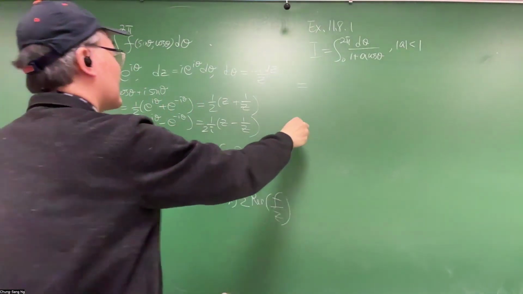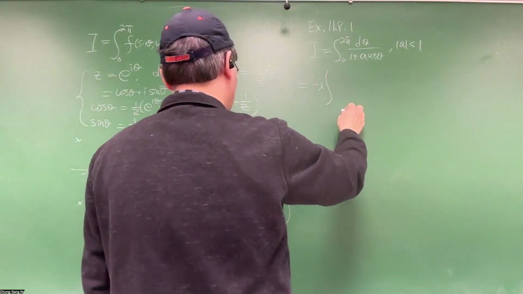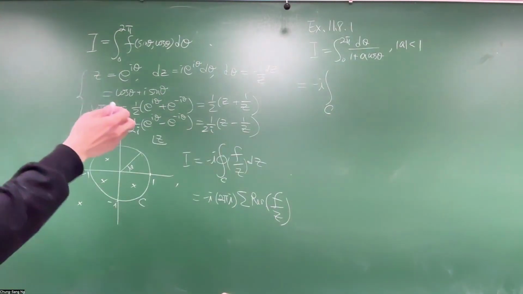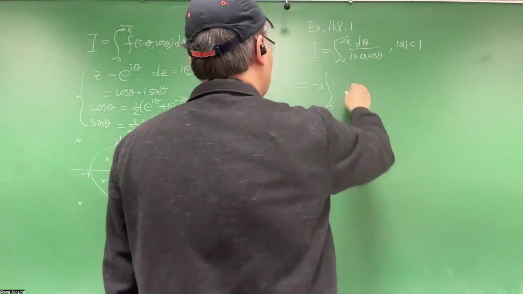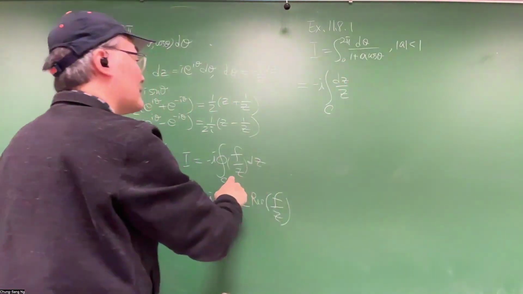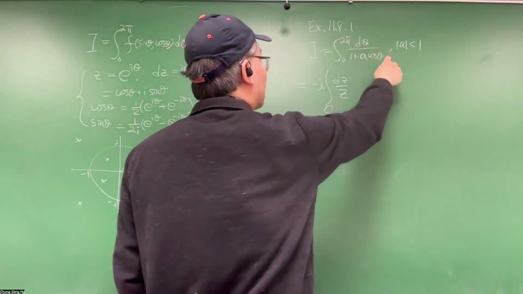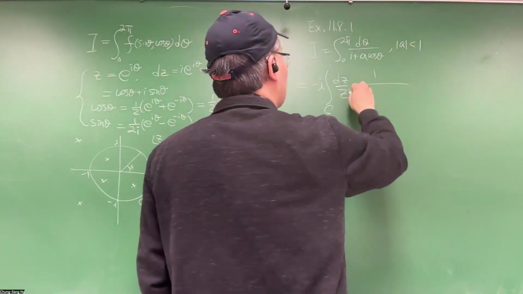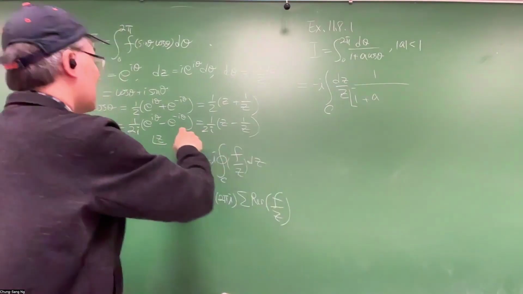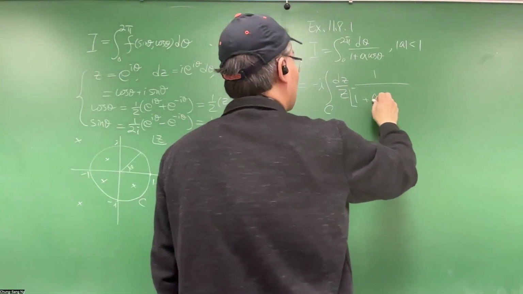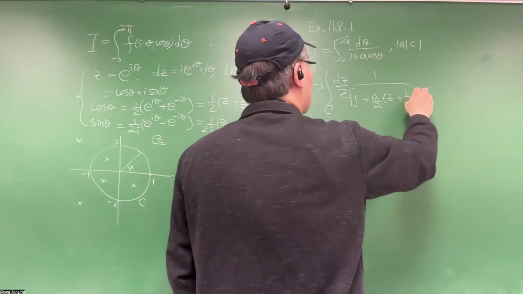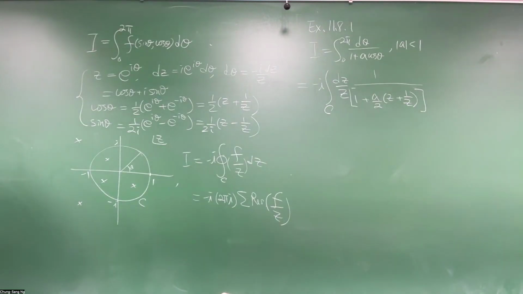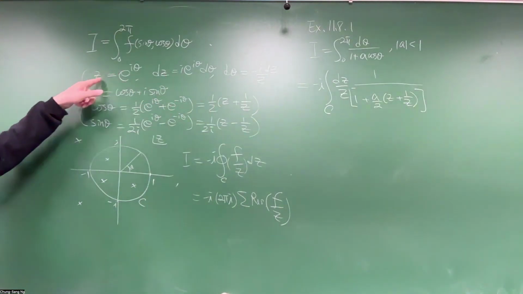You change that to -i and half integral over the unit circle, dc over c, and then f is 1 over this factor, 1 plus a cosine theta, which is 1 plus a times, and cosine theta is this one, equals one half of c plus 1 over c. All right, okay, I forgot that in remarking.